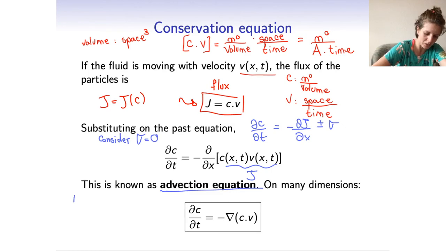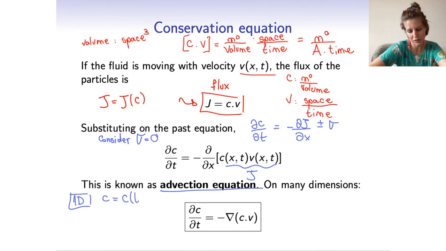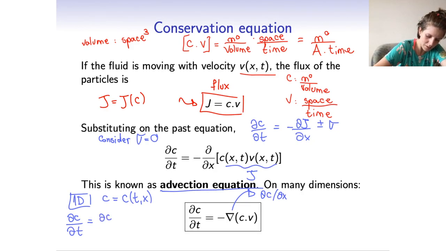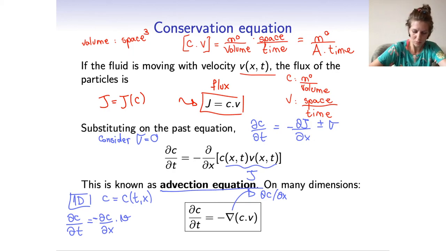So if we are in 1D, the concentration C is a function of T and X, and therefore the advection equation will be del C del T equal minus the gradient operator applied to C times V. In 1D, it will be just del C del X. So V is constant, so it goes out of the gradient operator, and then we get del C del T plus V del C del X equals 0.